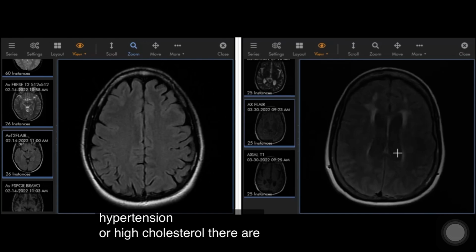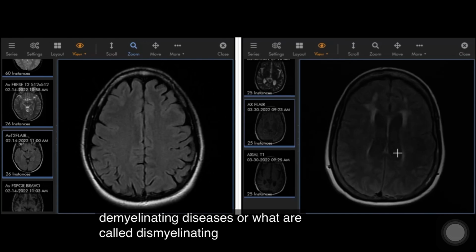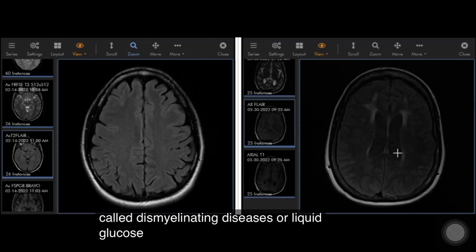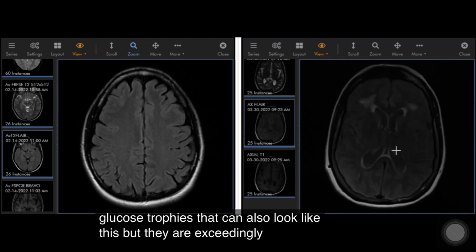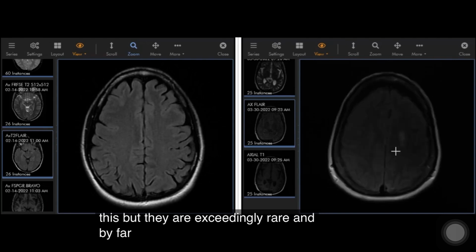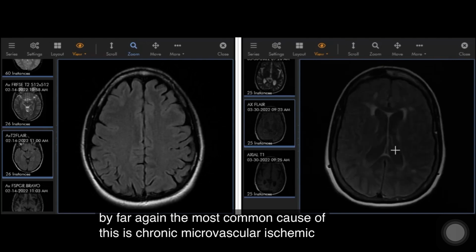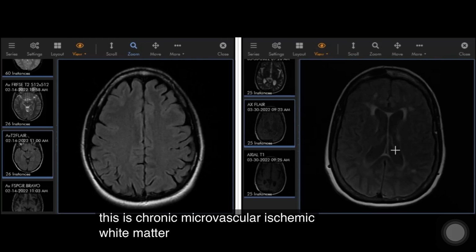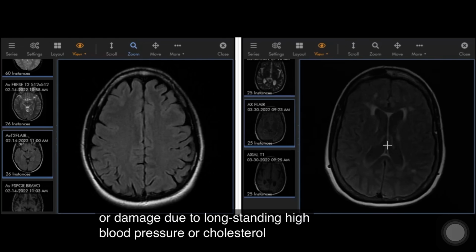There are, again, demyelinating diseases, or what are called dysmyelinating diseases, or leukodystrophies that can also look like this, but they are exceedingly rare, and by far, again, the most common cause of this is chronic microvascular ischemic white matter change or damage due to long-standing high blood pressure or high cholesterol.